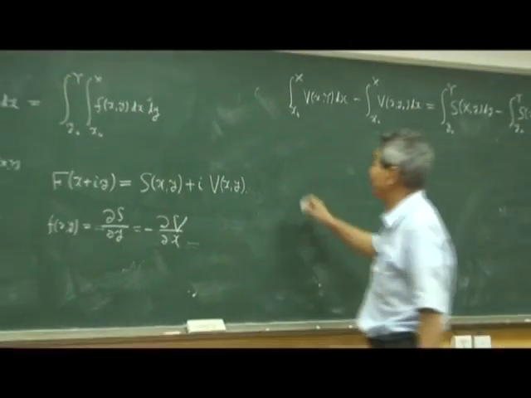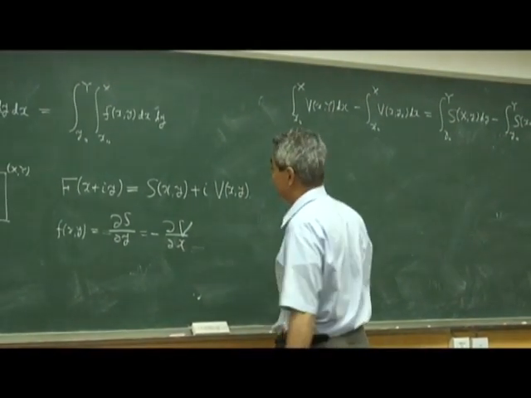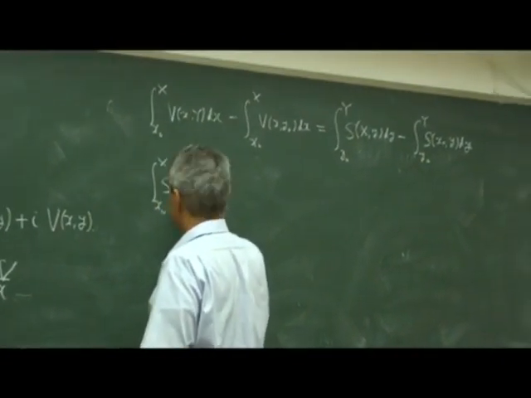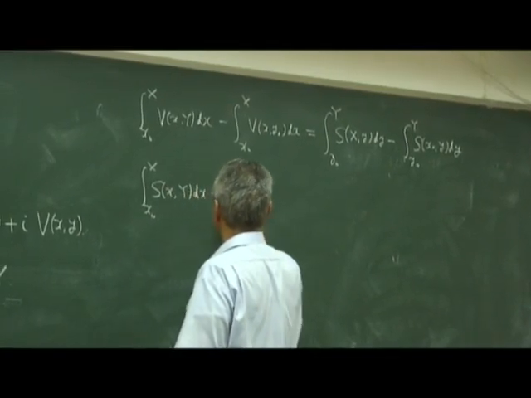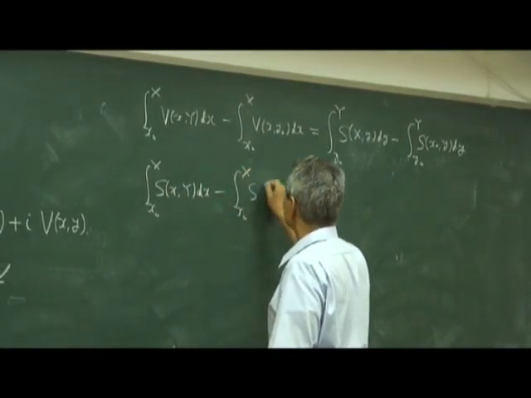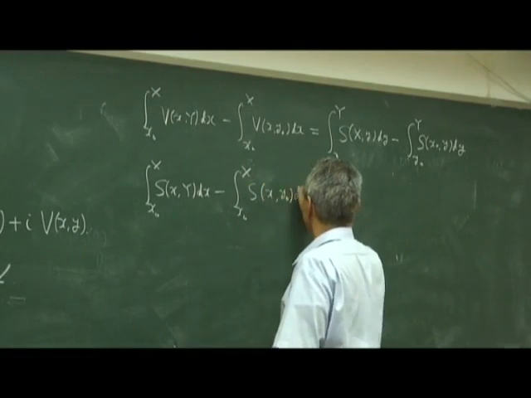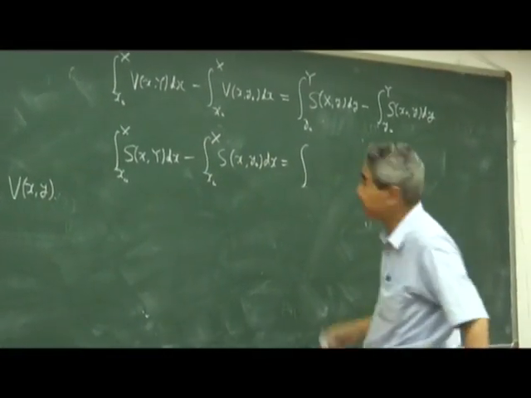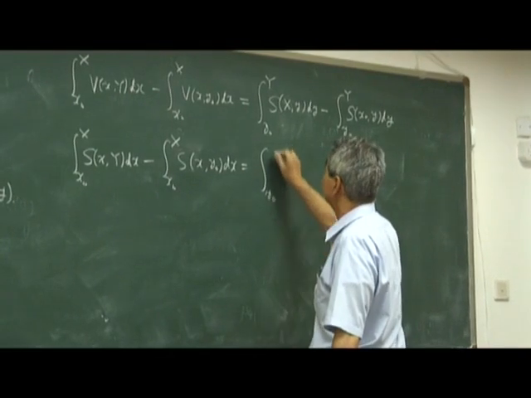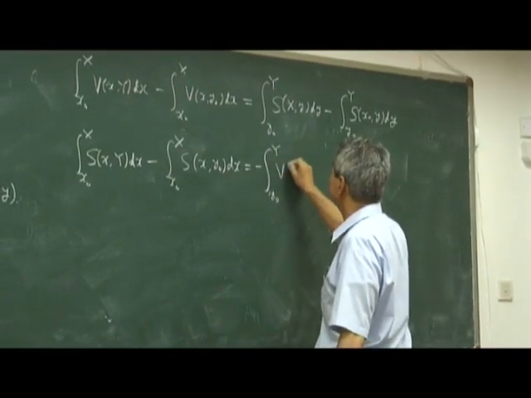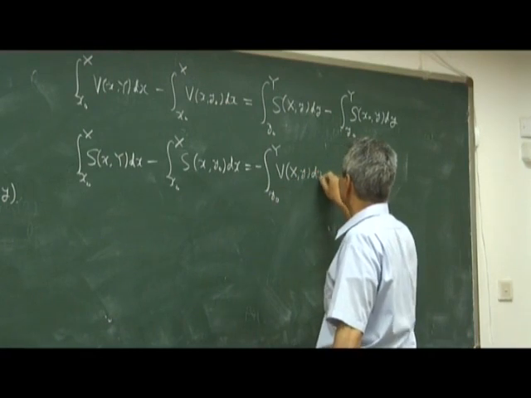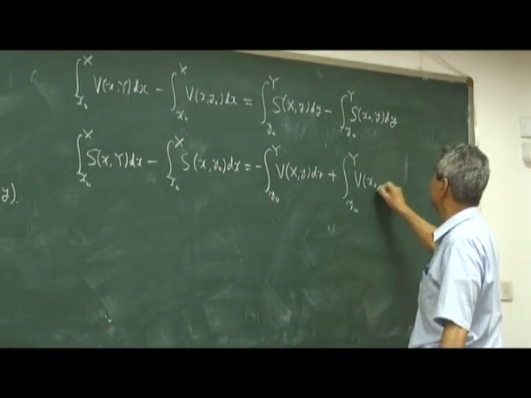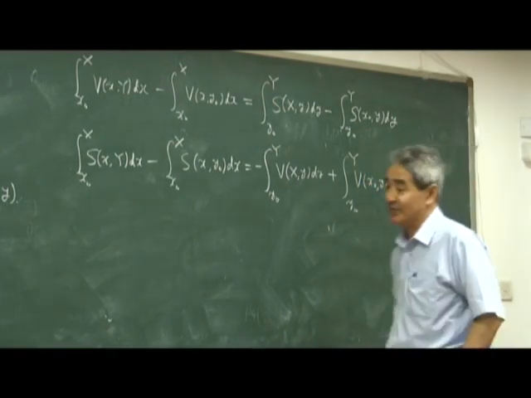So now apply this, and then you get similarly the integral from x0 to x of u(x,y) dx minus the integral from x0 to x of u(x,y0) dx equal to the integral from y0 to y of minus v(x,y) dy plus the integral from y0 to y of v(x0,y) dy.